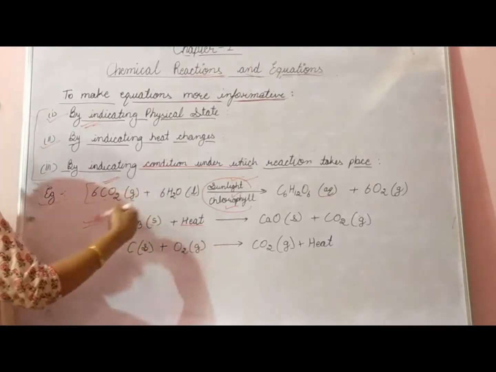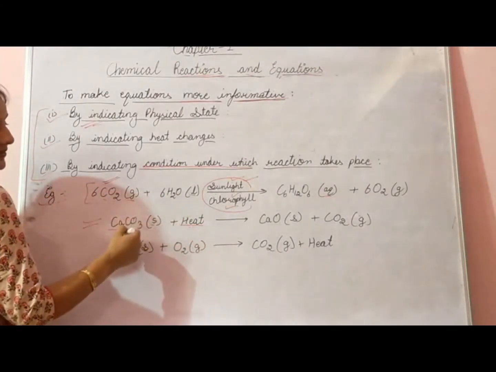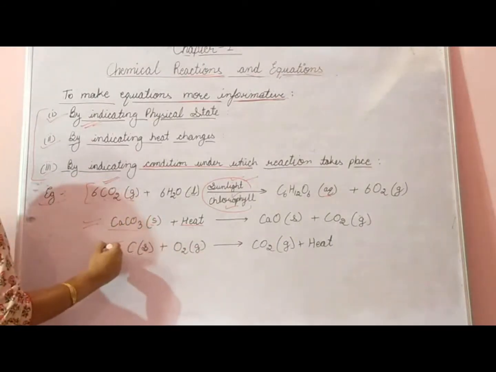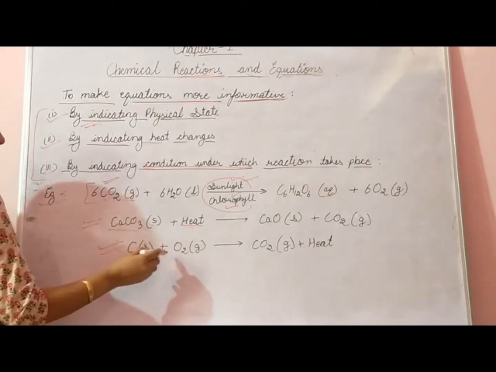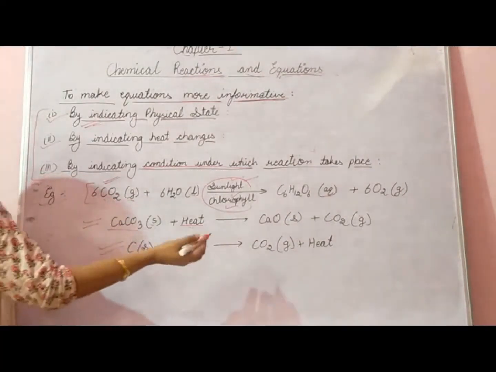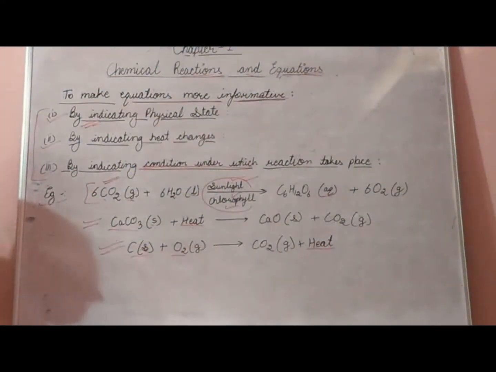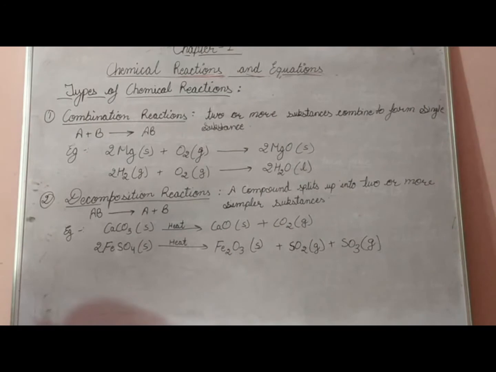This reaction absorbs heat. That's why heat is mentioned on the reactant side. And this third reaction is an exothermic reaction in which heat is evolved. That's why I have written heat on the product side. So these are some ways with the help of which we can make reactions or equations more informative.